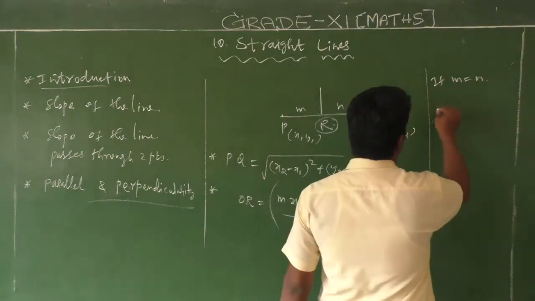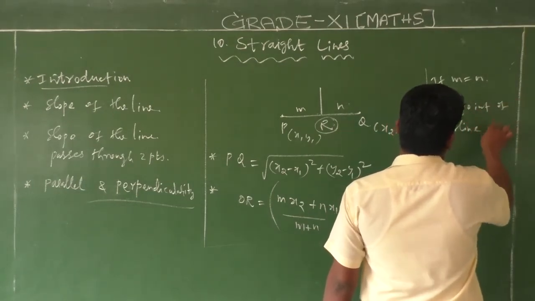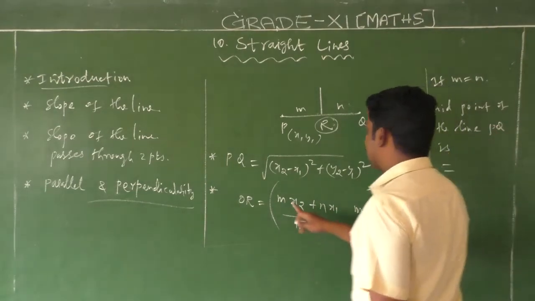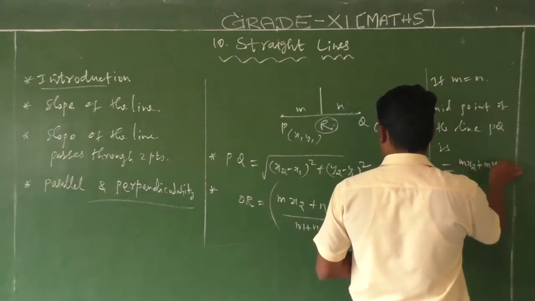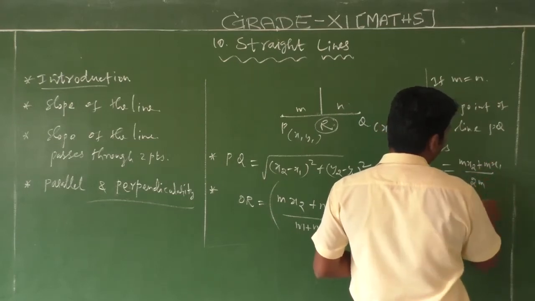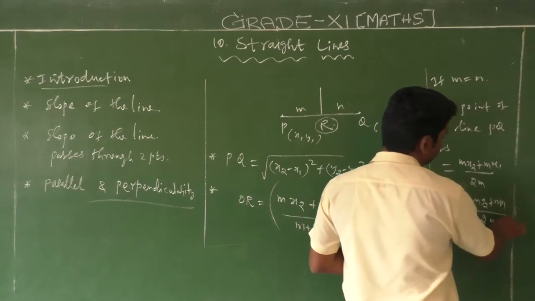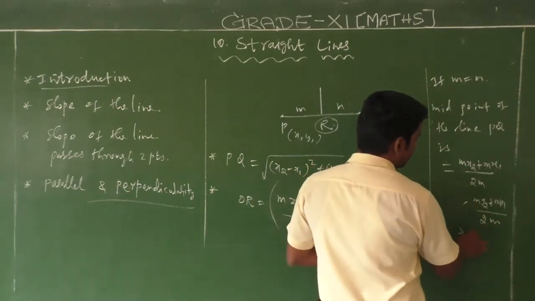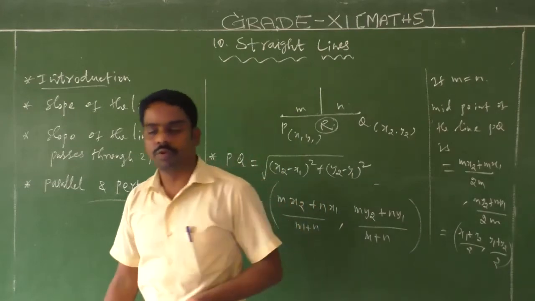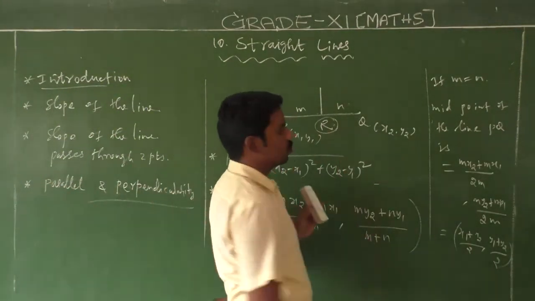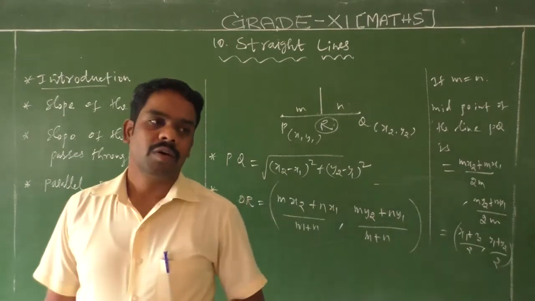Substituting, the midpoint of the line PQ is (m x2 plus m x1) divided by 2m, comma, (m y2 plus m y1) divided by 2m. m will cancel, and the remaining is (x1 plus x2) by 2, comma, (y1 plus y2) by 2. This is the midpoint of the line PQ.